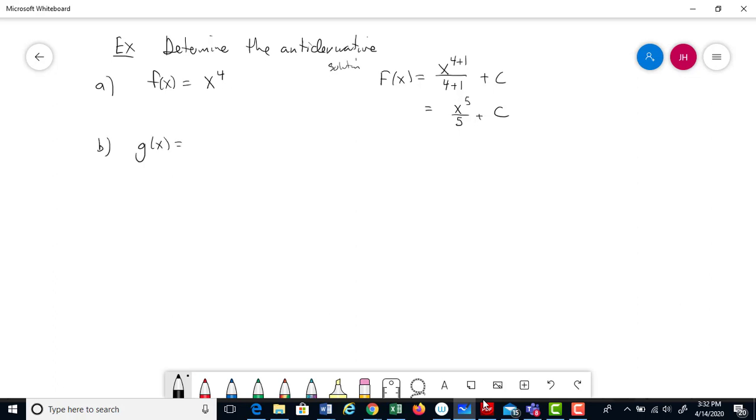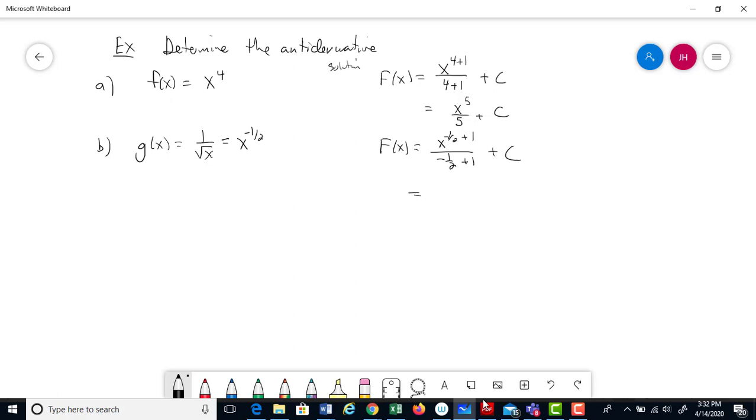G of x is equal to 1 over root x. Well, in order to solve this, I see a power. I see x to the minus 1/2 power. So it is just another one of these. So I know my capital F of x is just going to be a power rule. So this is x to the minus 1/2 plus 1 all over minus 1/2 plus 1, plus c.